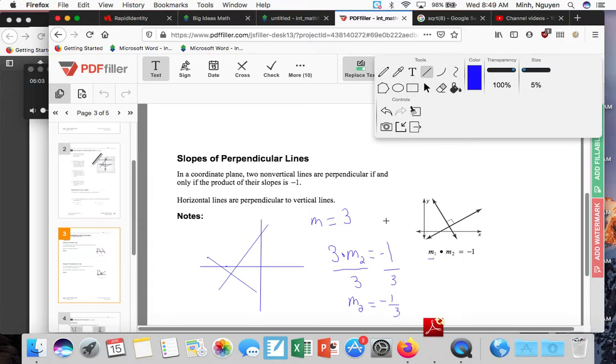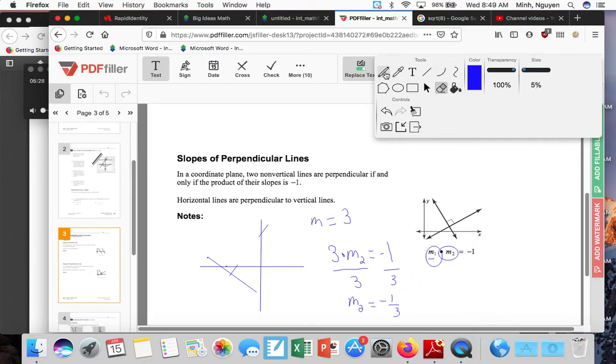So that's the calculation. If you have one slope, then you just use it as the input for the first slope or the second slope. It doesn't matter, but you just have to divide both sides by the slope to get the other slope. And then let's say it was complicated, like my original slope was -1/3.